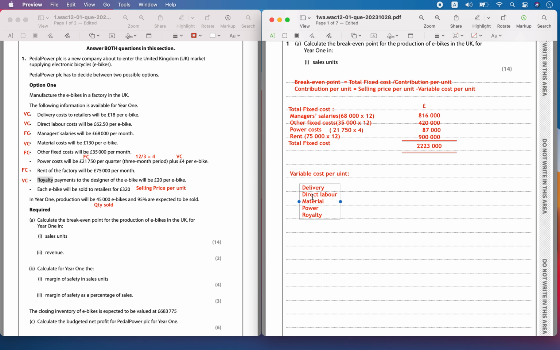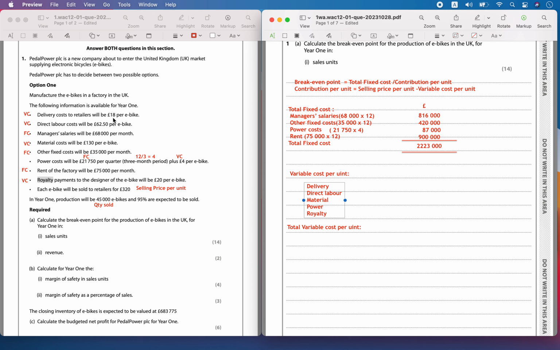So these are the variable costs: delivery, direct labor, material, power, and royalties. And finally you will calculate the total variable cost per unit.